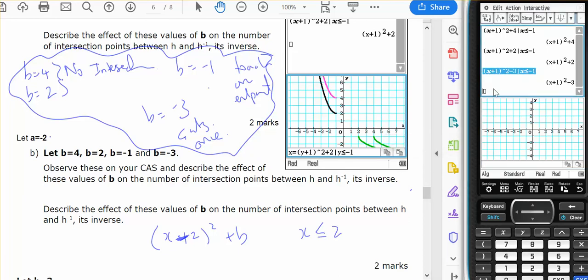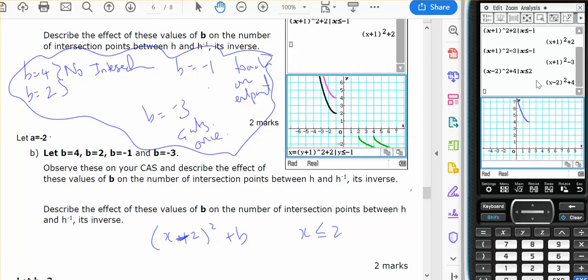So if I take this, I'm now going to make that -2, and I'm going to make that +4, and we're going to make that +2 because that's -a.